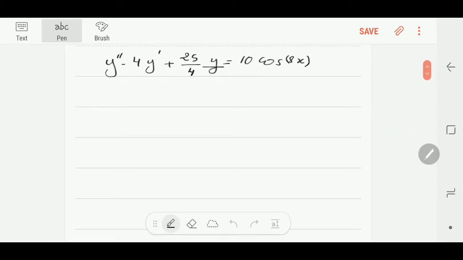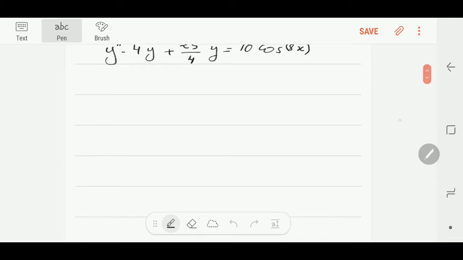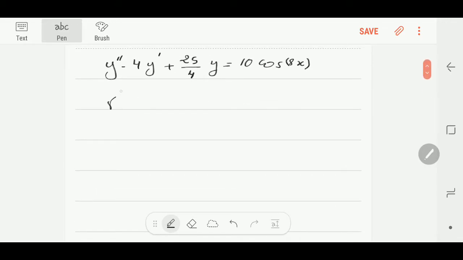You want to write the general equation they give you, and convert it to the r form so that you can find the characteristic equation. For y double prime, it's going to be r squared minus 4r plus 25 over 4.